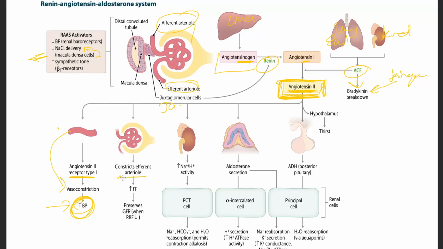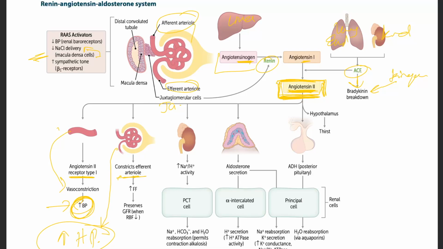When you constrict the efferent arterioles, you're constricting these here. So you're increasing the intraglomerular hydrostatic pressure, because you're basically blocking it or decreasing the flow going out into the efferent. So you're putting the pressure backwards, which increases the hydrostatic pressure.